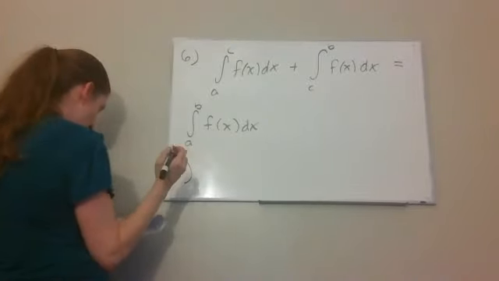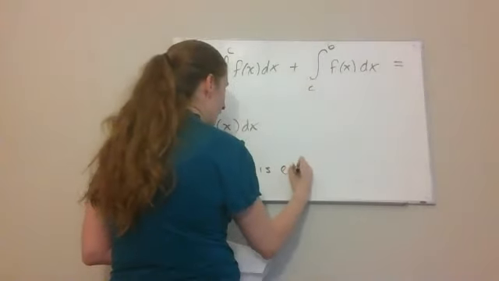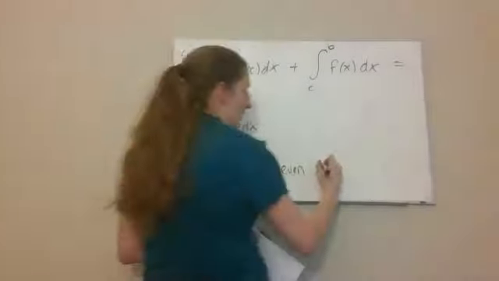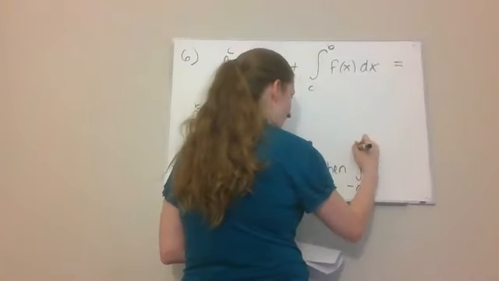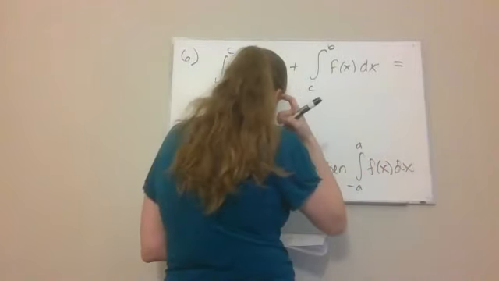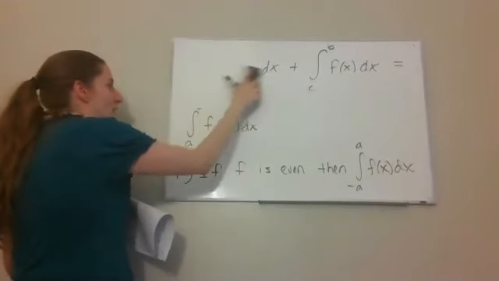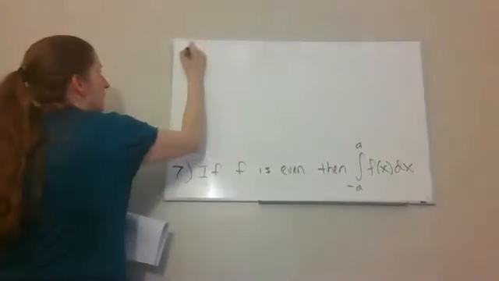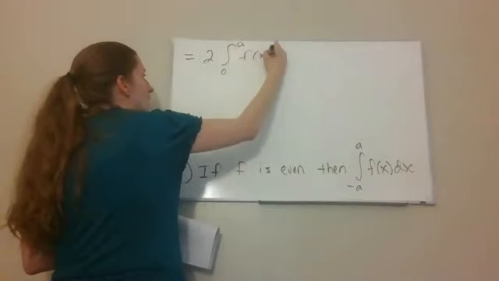The last two properties. If you happen to have an even function, so it's symmetric across the y-axis, then the integral from negative a to a of f of x is going to be exactly equal to 2 times the integral from 0 to a of our function.